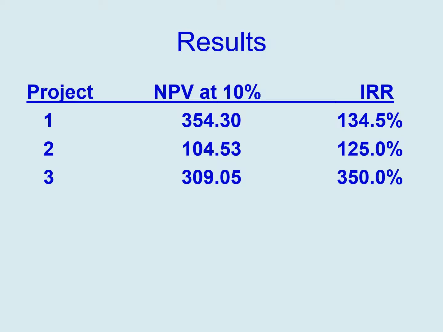Because projects 1 and 2 are mutually exclusive. So do we want to take projects 1 and 3 or 2 and 3? So let's recalculate the net present value and the internal rate of return, summing up the cash flows for projects 1 and 3, and then for projects 2 and 3.